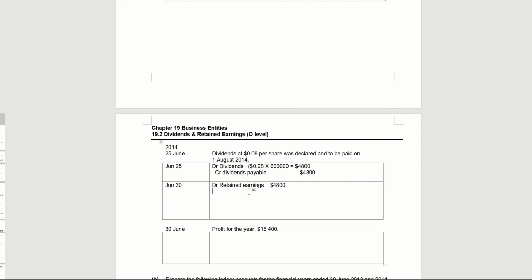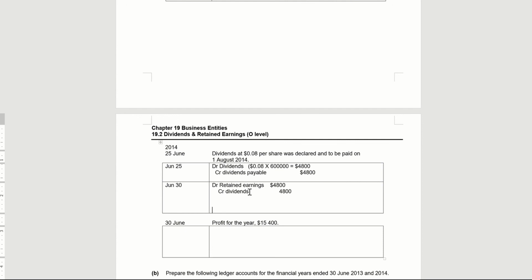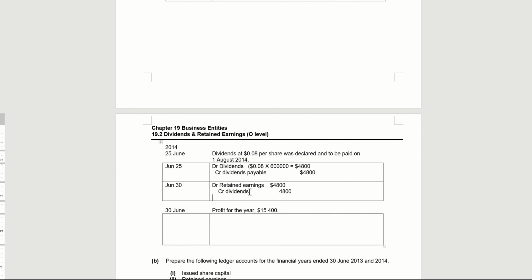We are taking it out because of the dividends being declared on 25th June. This is something where the question normally will not remind you. They will only tell you that the dividends will be declared. You will have to do your own transfer at the end of the year.